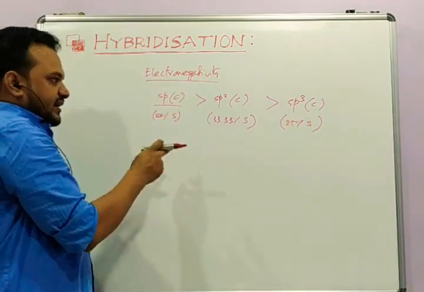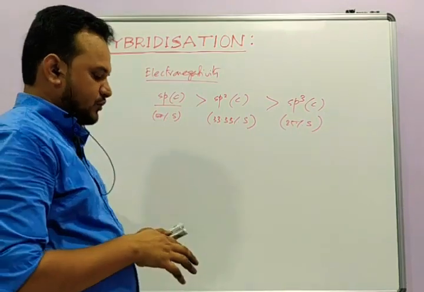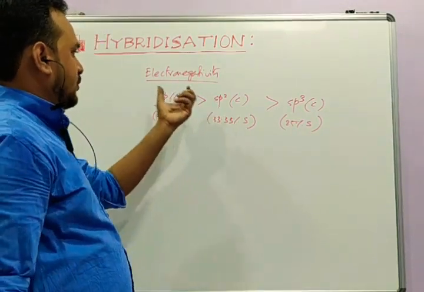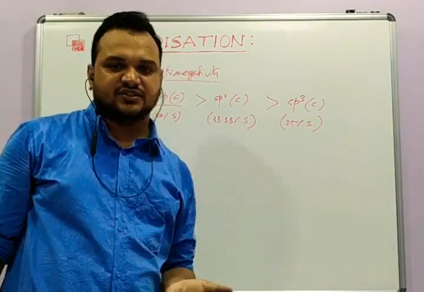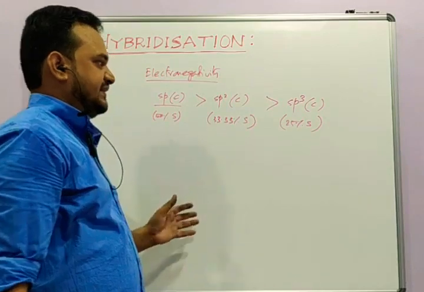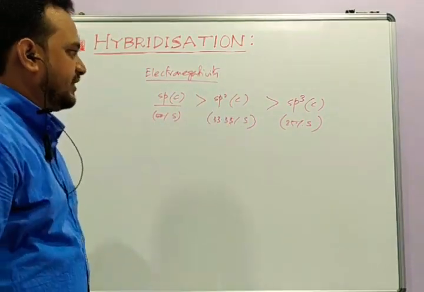So the greater the s character of the hybrid orbital, the greater the electronegativity. This will be applied when we discuss the order of acidic strength of different carboxylic acids later. This will help us to explain the experimental findings.